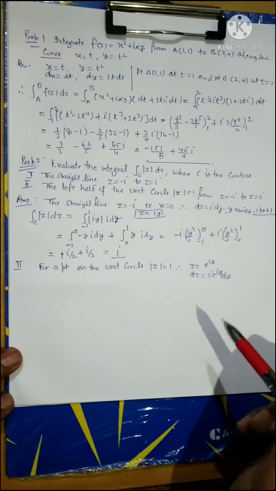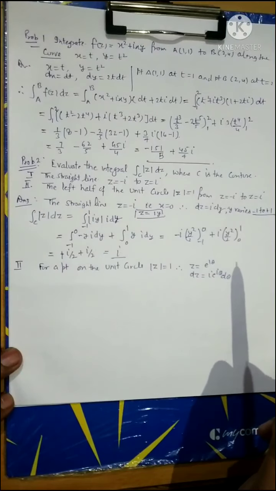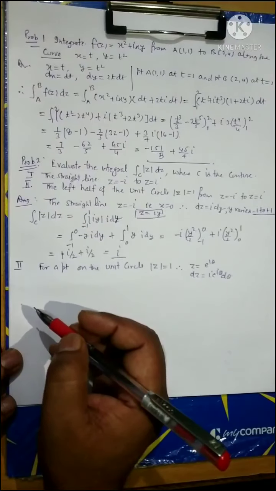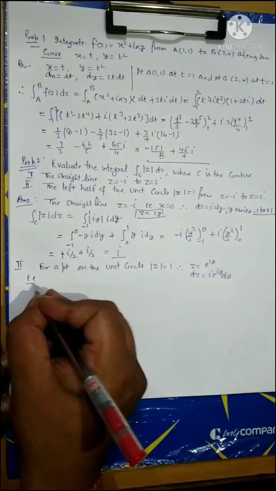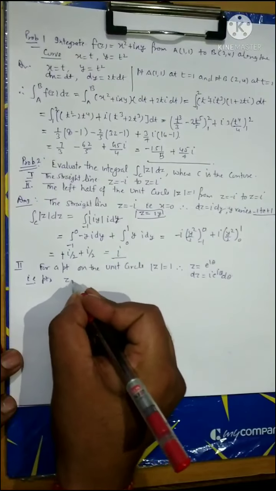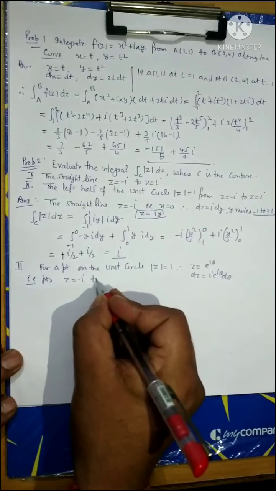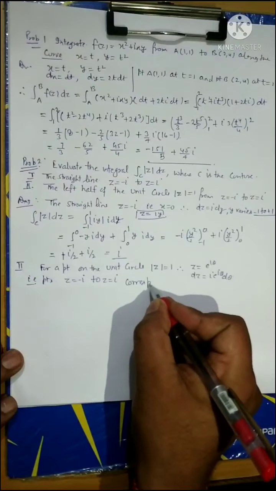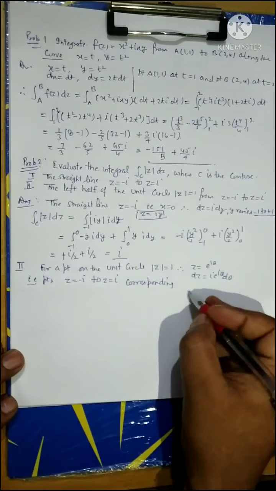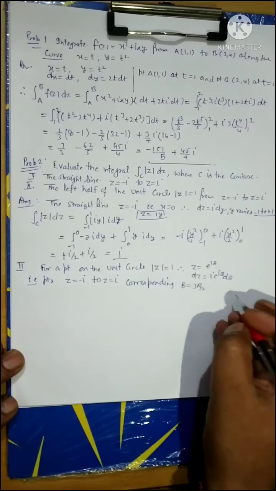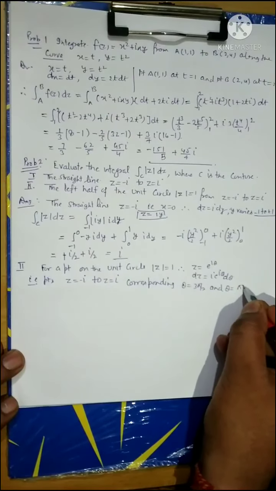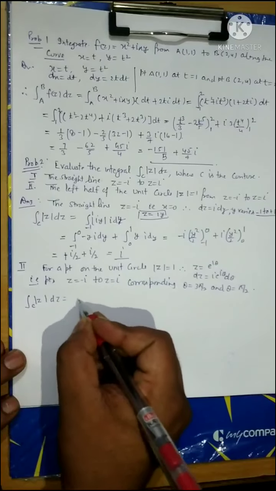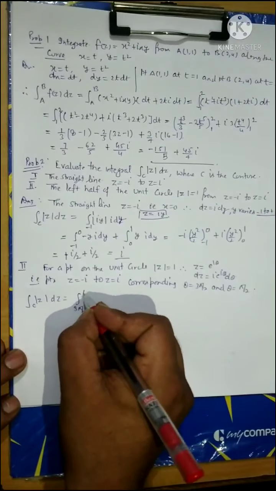Then the limit of θ is 3π/2 to π/2, that is points z = −i to z = i correspond to θ = 3π/2 and θ = π/2. The integral over contour C of |z| dz is equal to the integral from 3π/2 to π/2.